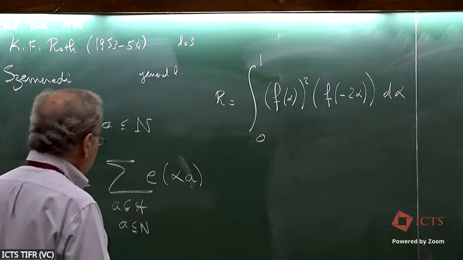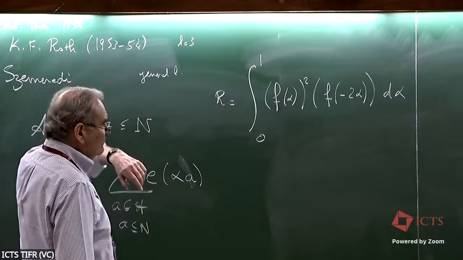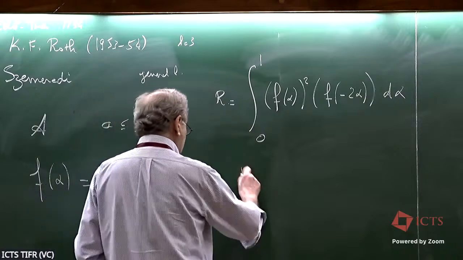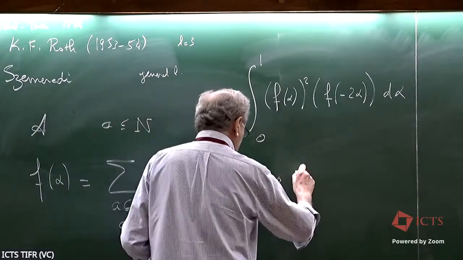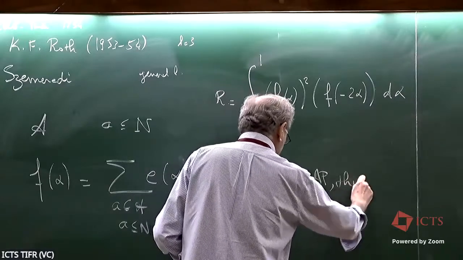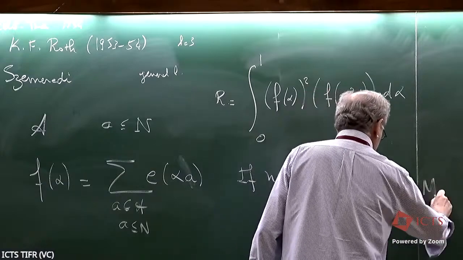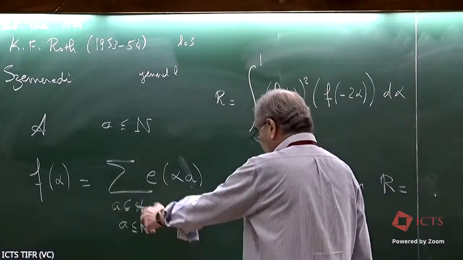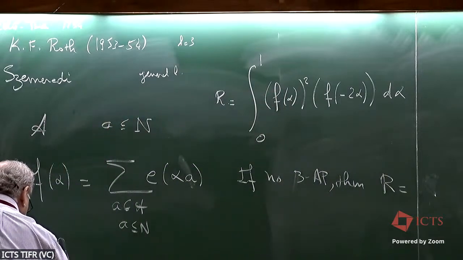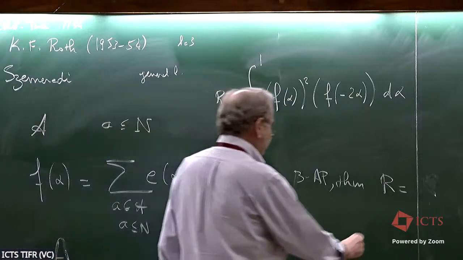So what it tells you is that, assume that there is no arithmetic progression, if there is no 3AP, (2AP is not interesting), then R is equal to the cardinality, so let us say A of N. N is the number of elements here. This is A of N.